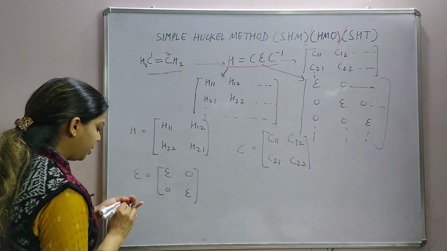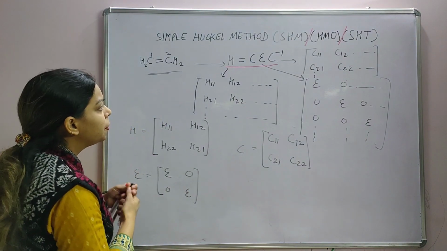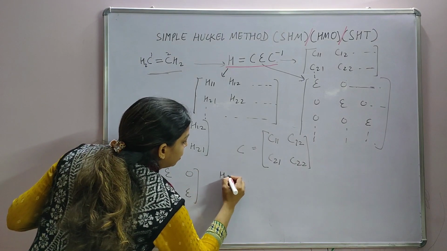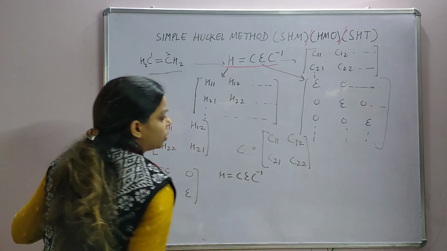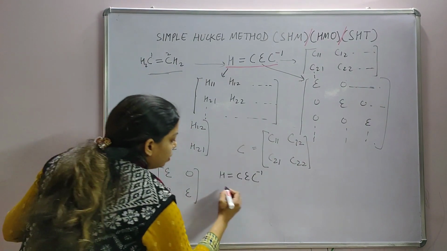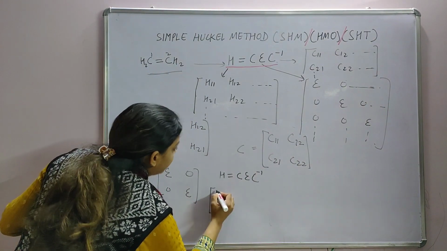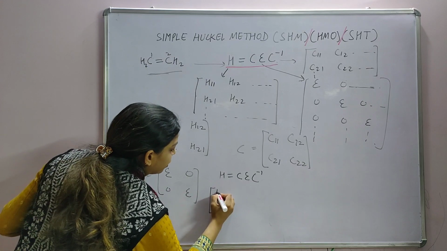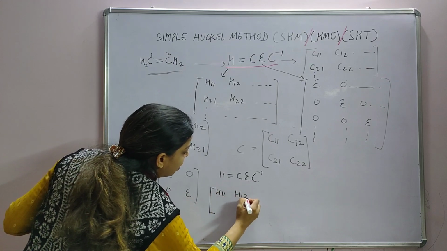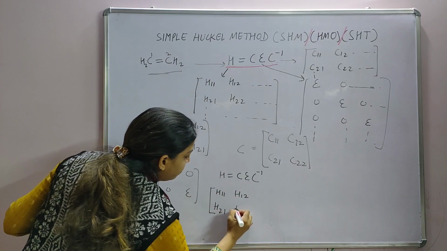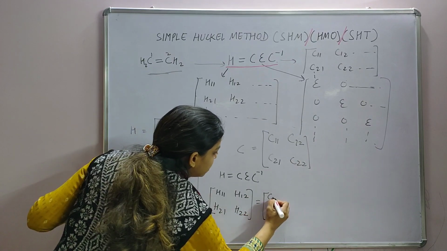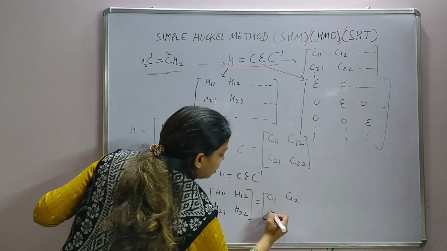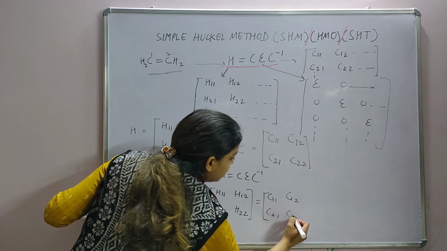For this system, the equation can be written as H equals C E C inverse. So H can be written as H11, H12, H21, H22. C here is C11, C12, C21, C22.